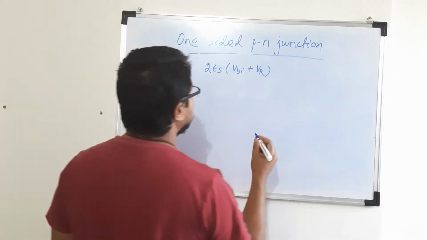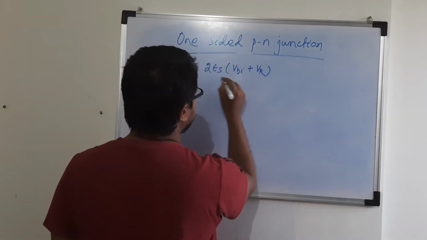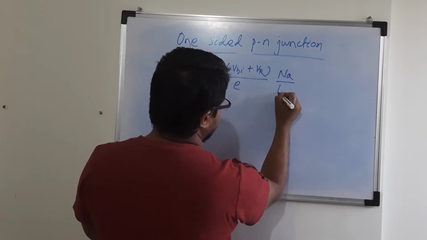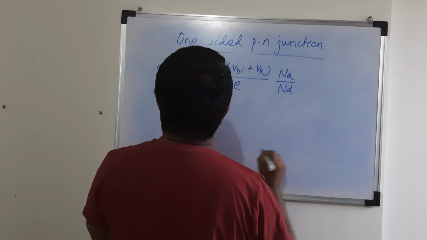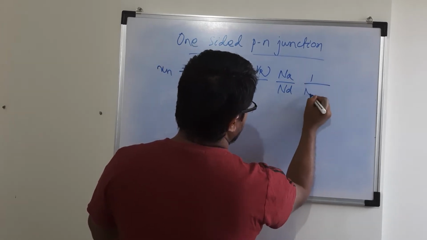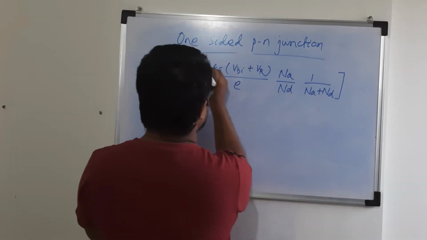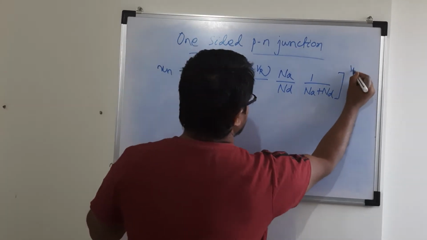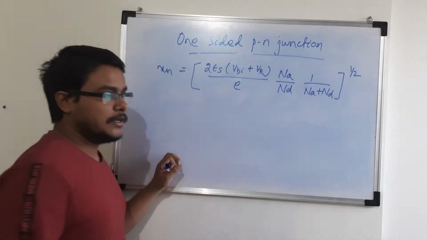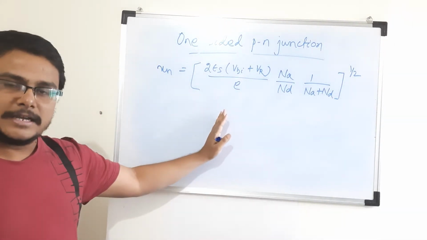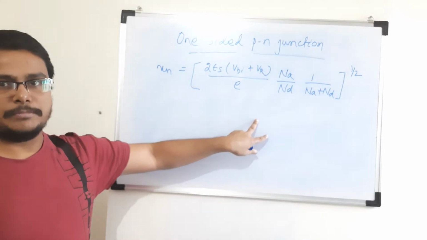And this is divided by e, and then Na by Nd, and then 1 by Na plus Nd, to the power 1 by 2. This is the value for xn. xn is the abrupt boundary of the space charge region in the N region of the PN junction, right?